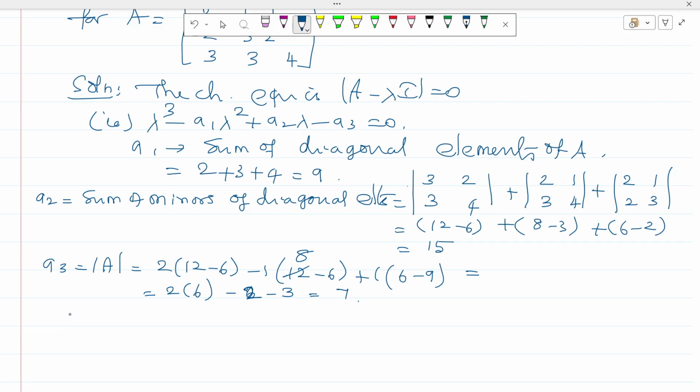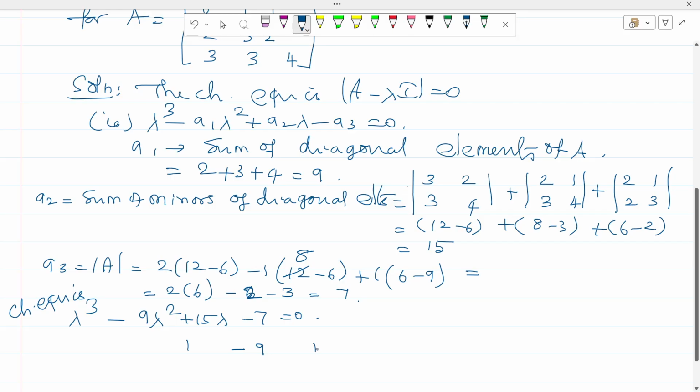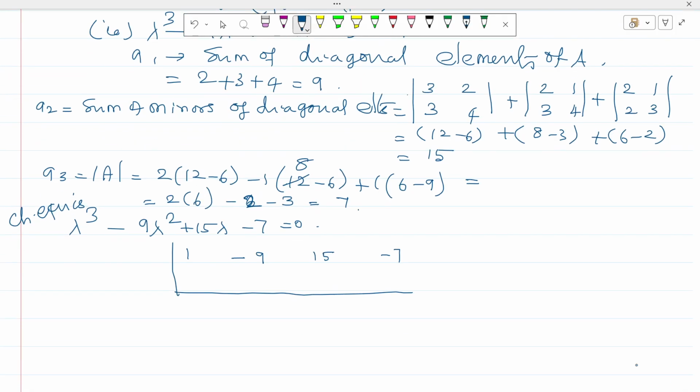So the characteristic equation, this step is very important: lambda cube minus A1 lambda square, A1 is 9, so lambda cube minus 9 lambda square plus 15 lambda minus 7 equal to 0. Using the synthetic division method, 1 minus 9 plus 15 minus 7, adding all the values you will get 0.